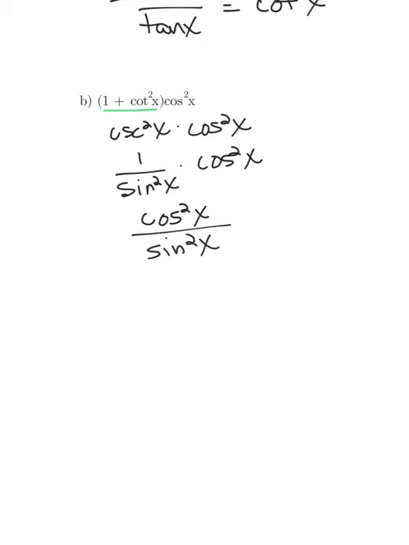We know by definition that cosine of x over sine of x is cotangent of x. So cosine squared over sine squared will equal cotangent squared of x. Now that I have my answer as a single trig function, I have followed the directions and my problem is complete.